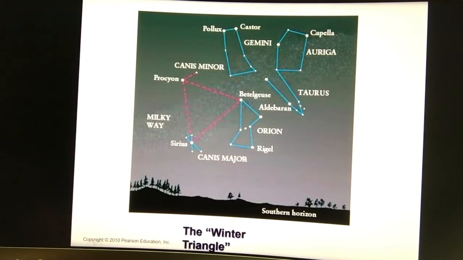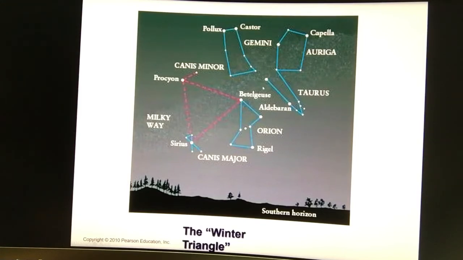So please pay attention to that when winter is coming. Then there is the winter triangle. Betelgeuse from the Orion constellation, and then this star from Canis Minor, and then this star from Canis Major. These three stars form what is called the winter triangle.